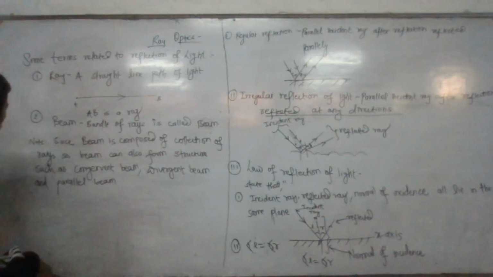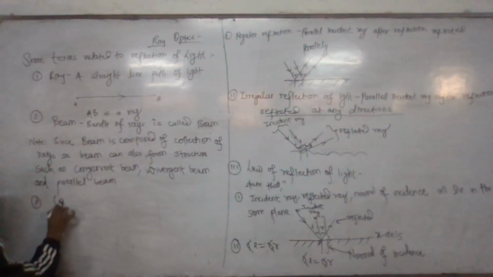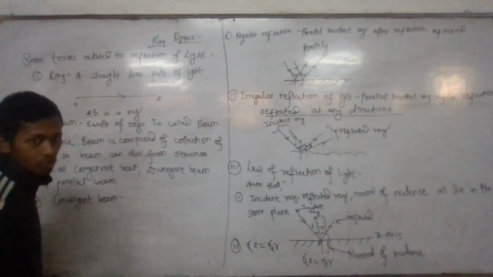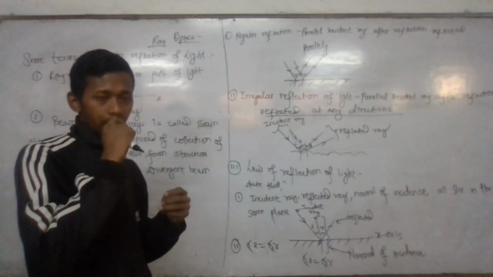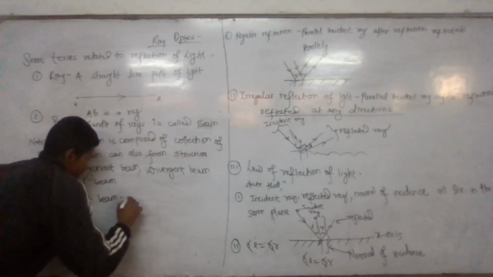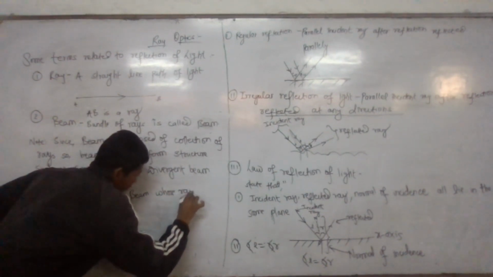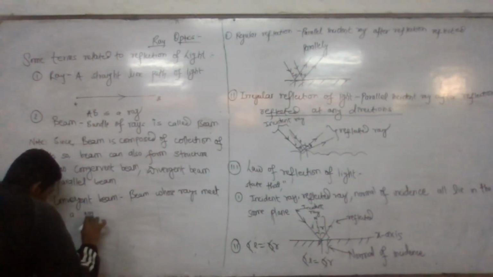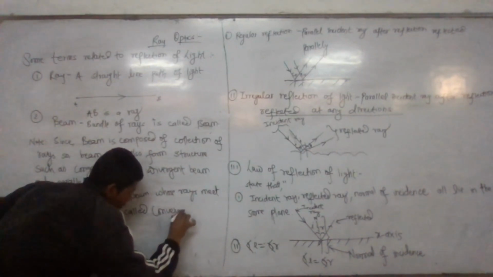Now we go ahead to convergent beam. What does convergent beam mean? A beam whose rays meet at a point is called a convergent beam.